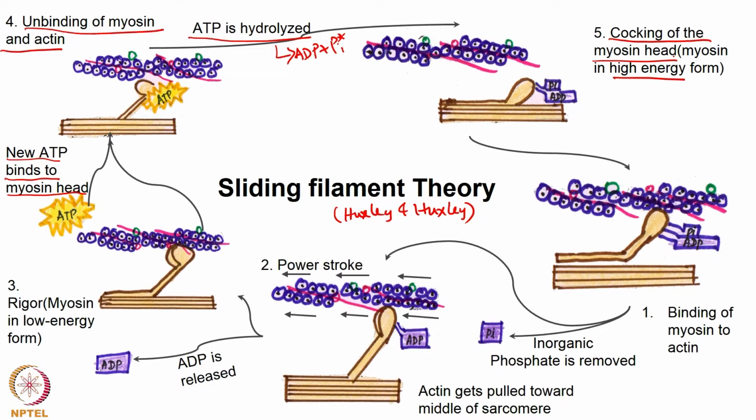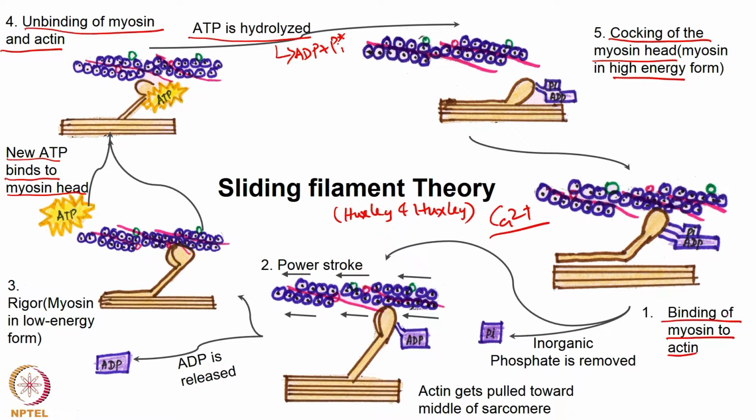Now, approximately here, calcium comes into the picture. When calcium comes into the picture, the binding sites on the actin are exposed, then myosin binds to actin. Essentially what happens is, initially in the high energy form, a small region of the binding site is exposed.